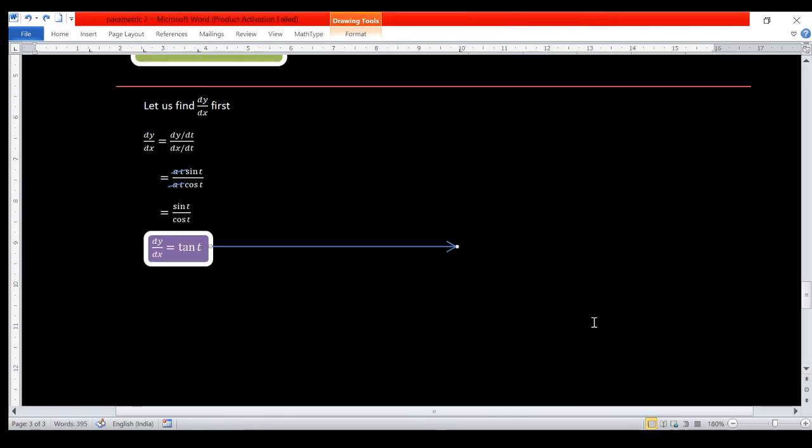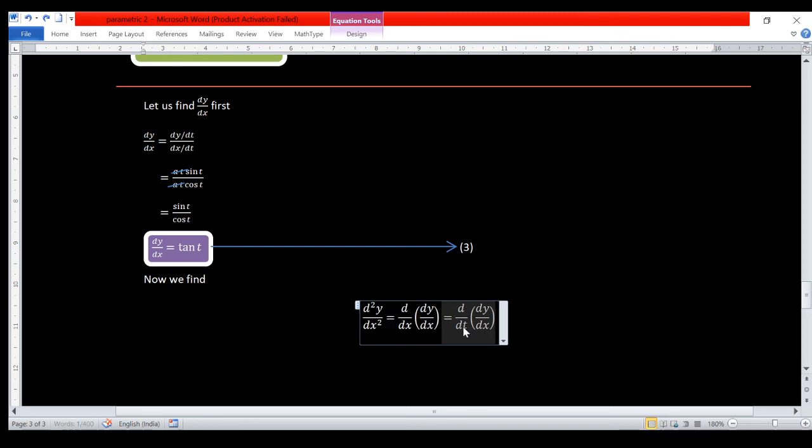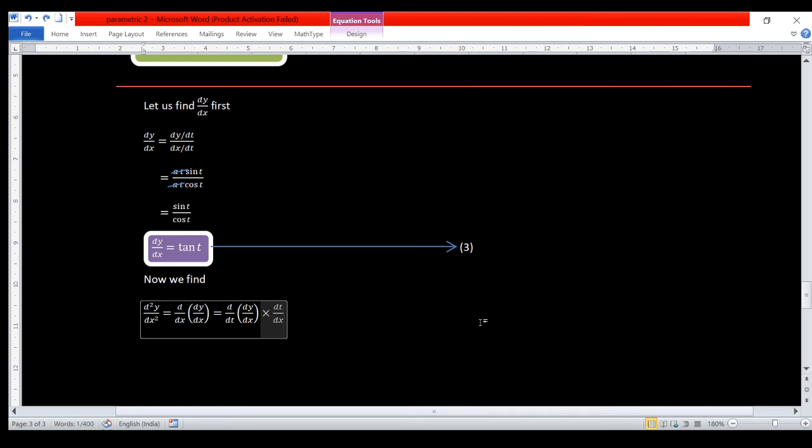So actually I want to find the higher order derivative, d²y/dx². I told you d²y/dx² is nothing but a repeated differentiation of y with respect to x. So dy/dx. But dy/dx is not a function of x, it is a function of t. So I change the differentiable variable: d/dt of dy/dx, and to balance that, I have to multiply dt/dx. That is equal to the differentiation of tan t with respect to t into 1 by dx/dt.